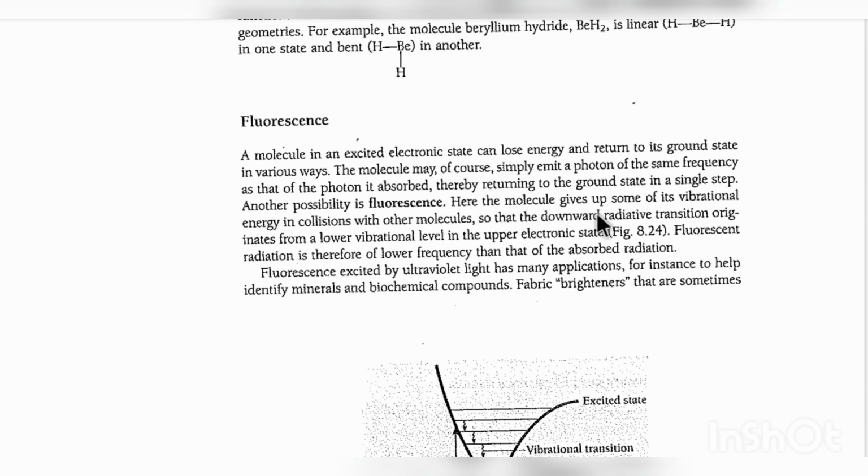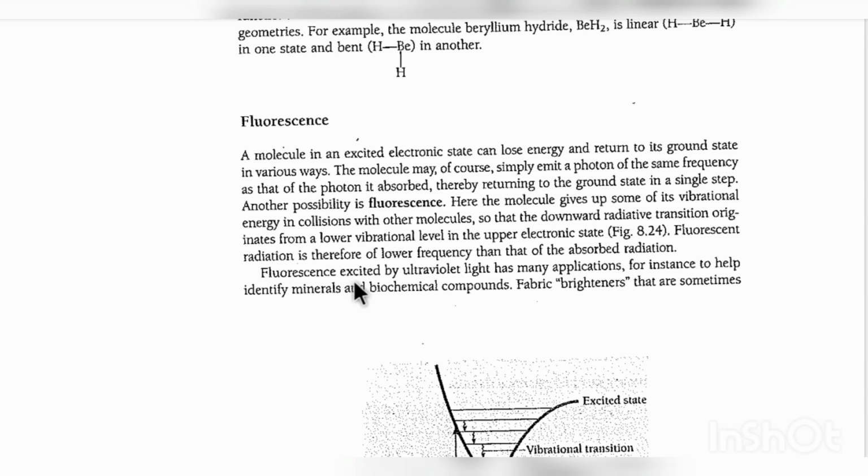Here, the molecule gives up some of its vibrational energy in collision with other molecules, so that the downward radiative transition originates from a lower vibrational level in the upper electronic state. Fluorescent radiation is therefore of lower frequency than that of the absorbed radiation.